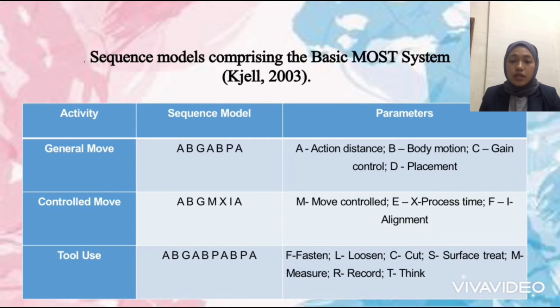The get tool, place tool, tool action, place tool, and return phases of the tool use model are represented by the letter ABG, ABP, U, ABP, and A. The index value for the get tool phase and the put tool phase are assigned in the same way as the get phase in the general move sequence model.